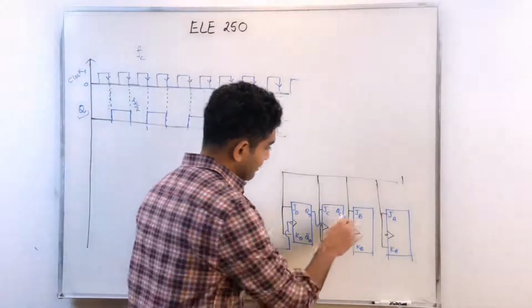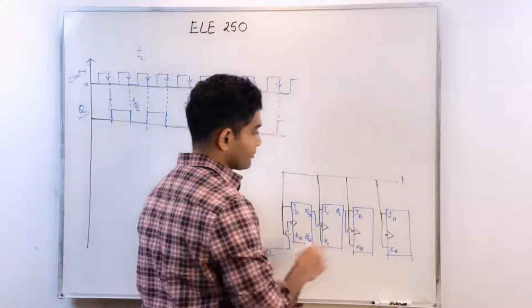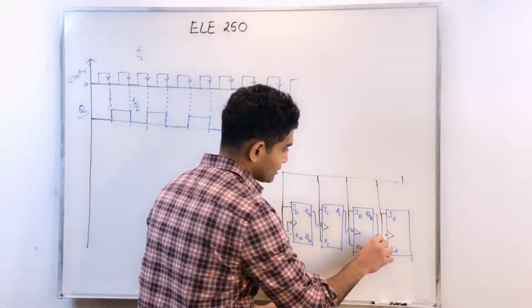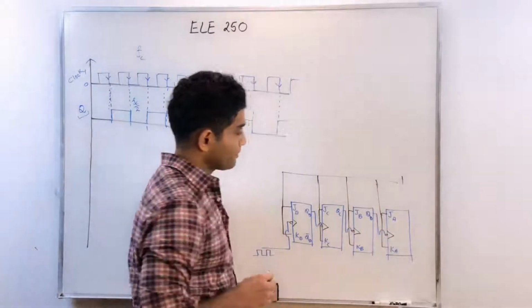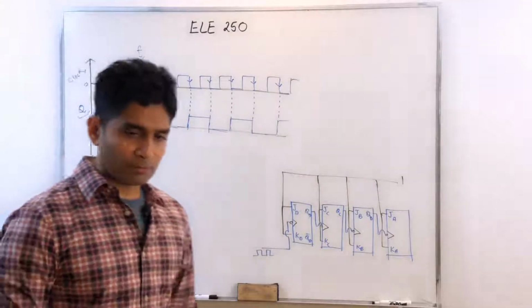Likewise, I apply QC as a clock to the third flip-flop, QB as a clock to the fourth flip-flop. Okay, and then I will try to plot this out in the form of a timing diagram.